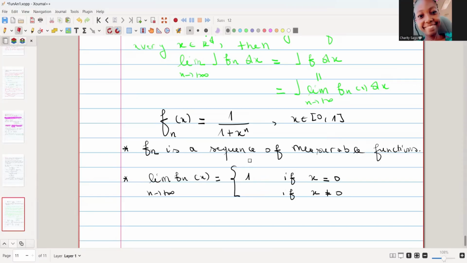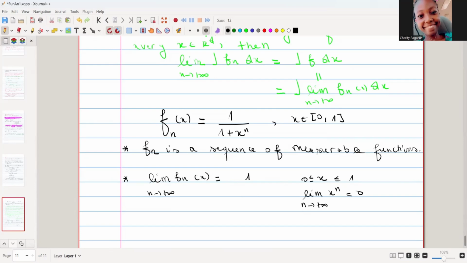What I'm saying is that x is between 0 and 1, so the limit of x to the power n when n tends to plus infinity is 0. But the problem is that, let me check again.